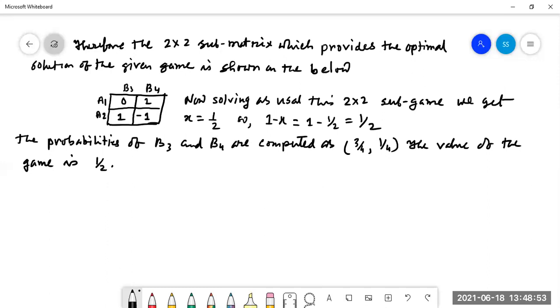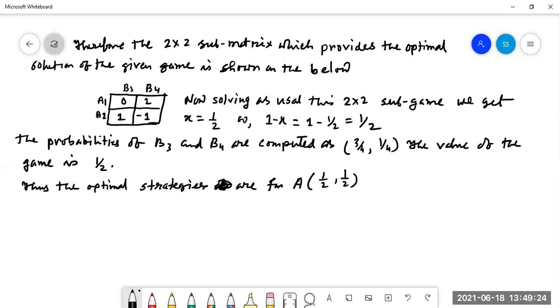Thus the optimal strategies are, for A, half comma half, and for B there are only B3 and B4, so B1 is 0, B2 is 0, B3 is equal to 3 by 4 and B4 is equal to 1 by 4.